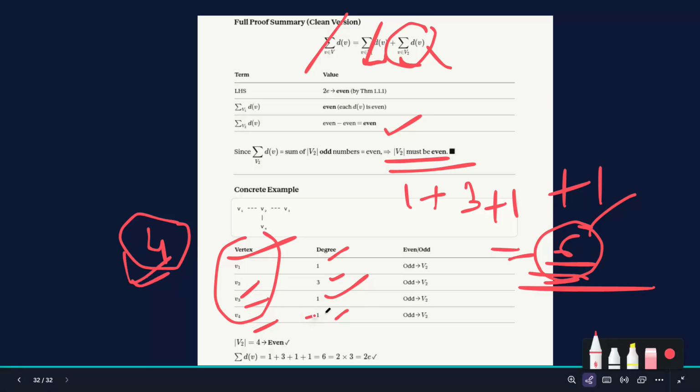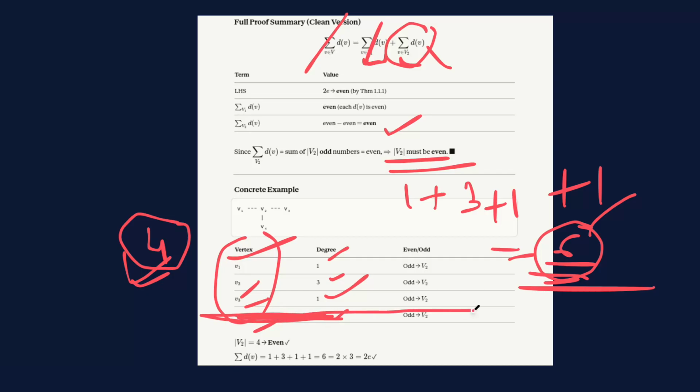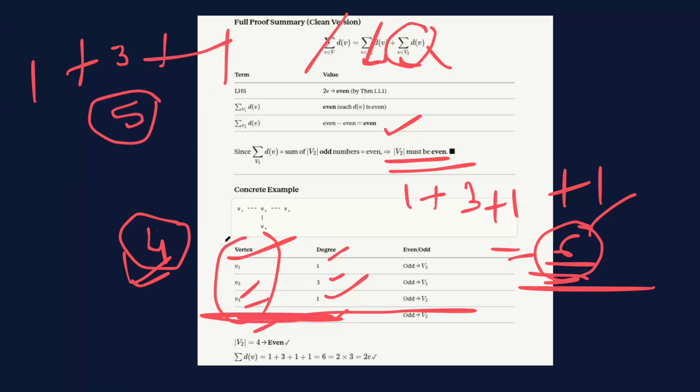If I cancel one, let's say V4 is not there, and add all these degrees, 1 plus 3 plus 1 is 5, which is an odd number. With 3 odd-degree vertices, I'm getting an odd number. But our condition is that we need an even number. So to get an even number, the number of vertices should be 4.